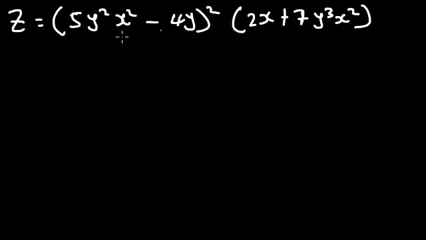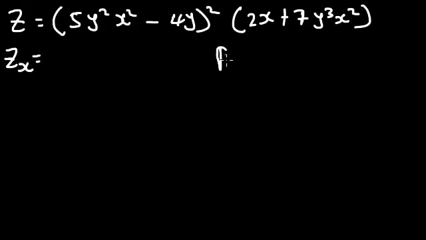So feel free to pause the video and figure this question out yourself. We are required to find z sub x and z sub y. Just like before we actually touch z sub x, let's denote our f of x comma y and g of x comma y. So we can now use that to find our f sub x and g sub x.